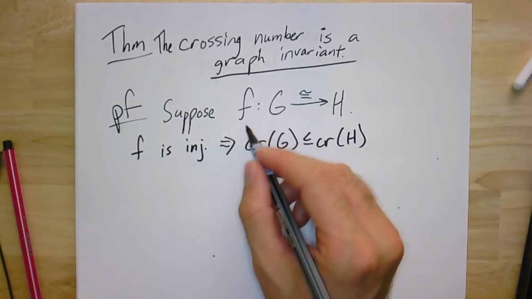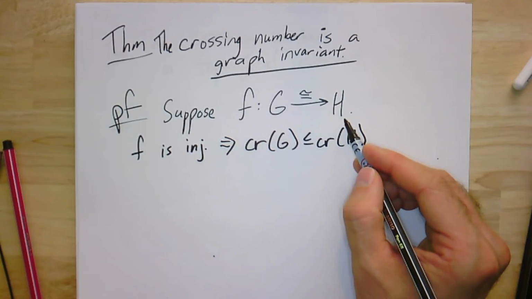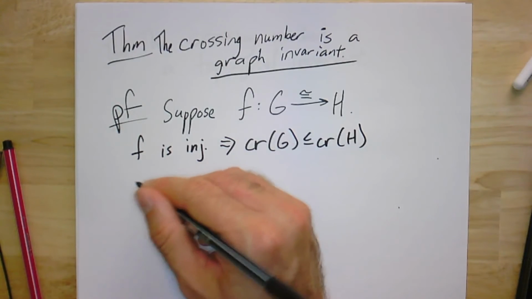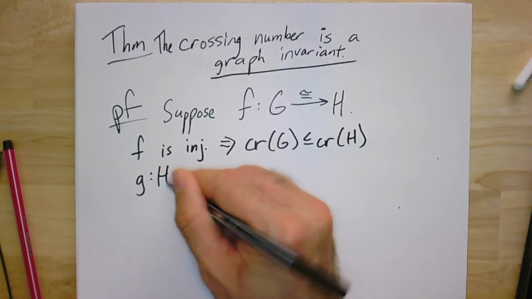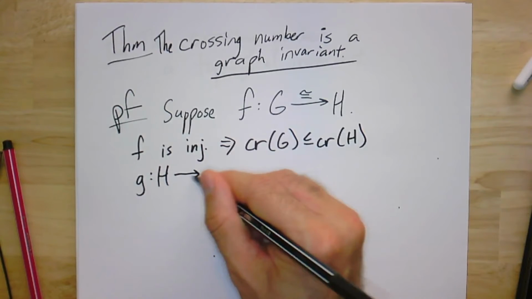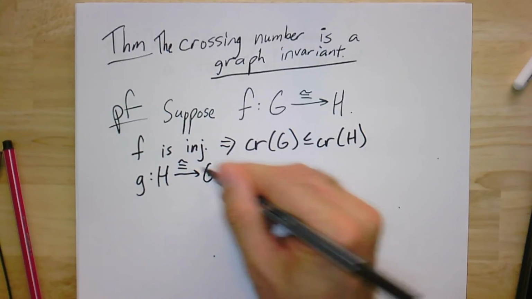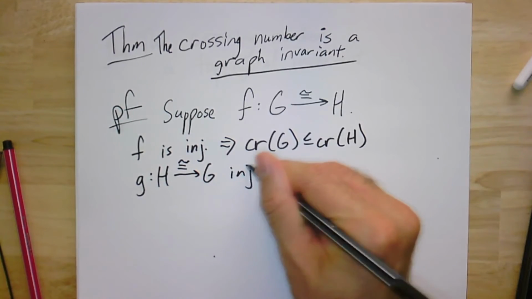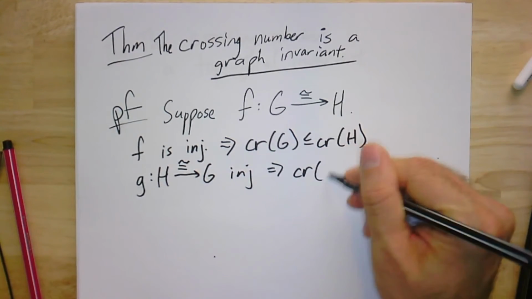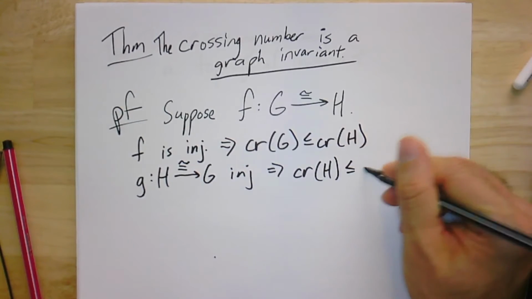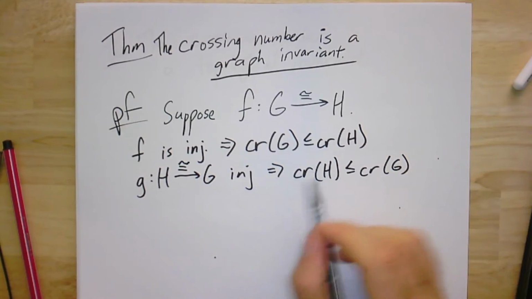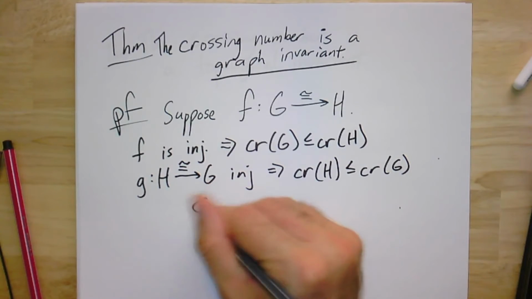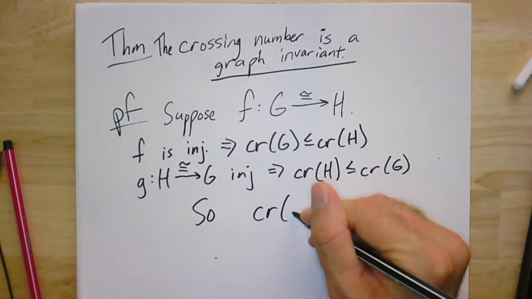Similarly for the inverse, so if there's an isomorphism, it means there's another isomorphism going from H to G. And this one is also injective, and so that implies that the crossing number of H is less than or equal to the crossing number of G. And since I have these inequalities in both directions, I get that they are in fact equal.